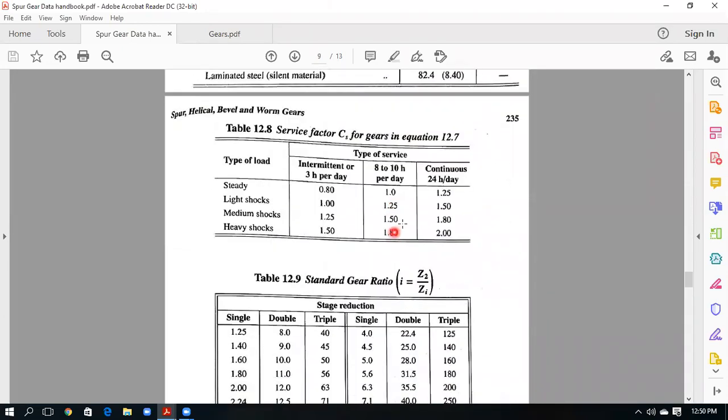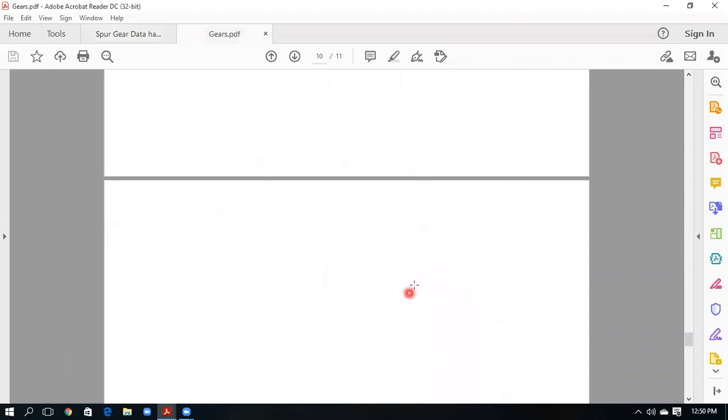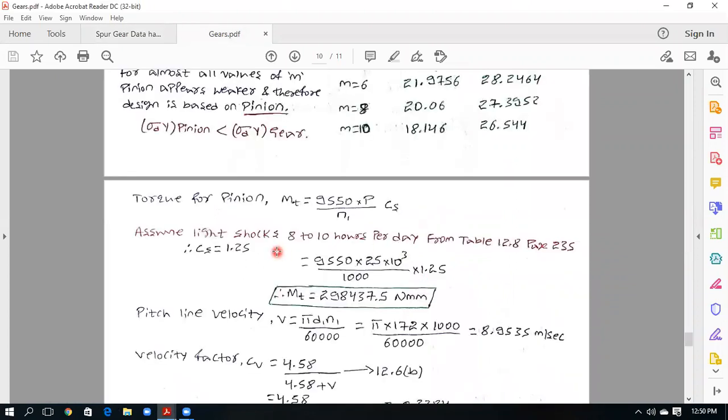Here you can see the CS, the service factor. In the given problem, they have not given the criteria for the service factor, that is CS. In that case, if it is not given, we will take it as light shocks, and the gear members will work for 8 to 10 hours per day.